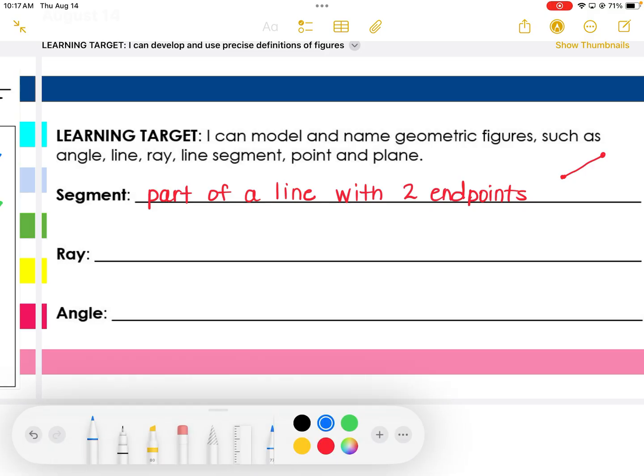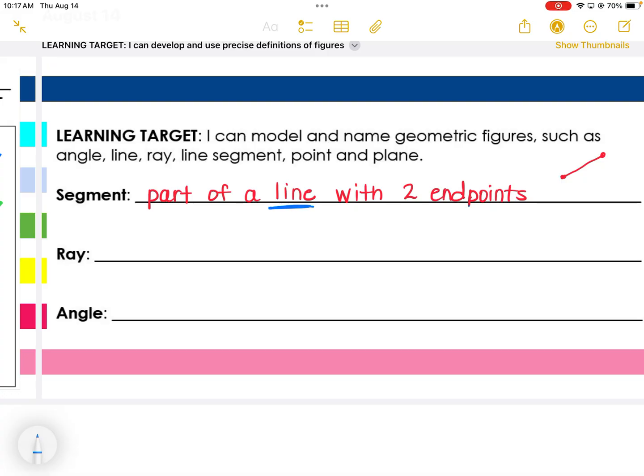We're using line and points, 2 of our undefined terms that we talked about on the previous page. They're undefined, but they're used all over the place when we describe geometric figures like segments, rays, and angles.